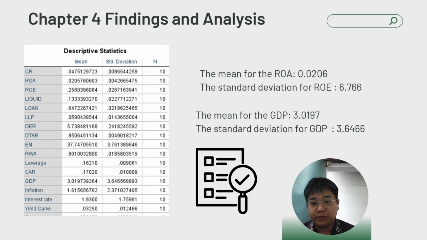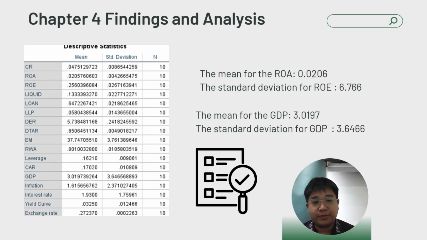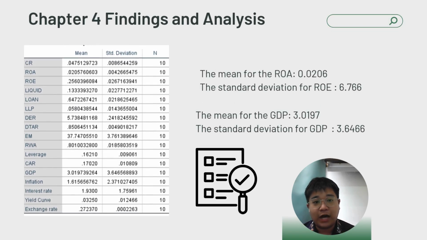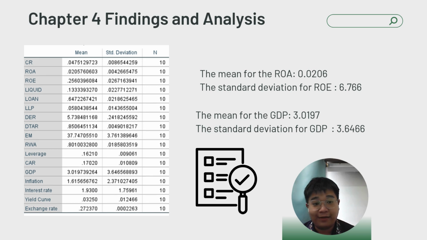For Chapter 4, findings analysis, for descriptive statistics, the mean value for return on asset (ROA) is approximately 0.0206, indicating that on average the company generates about 2.06% return on its total assets.